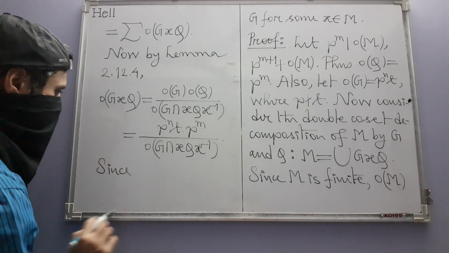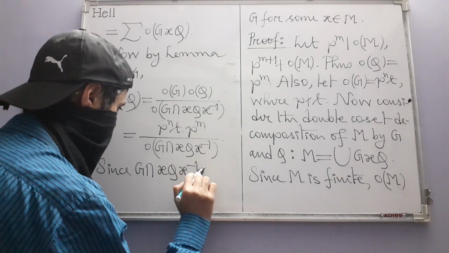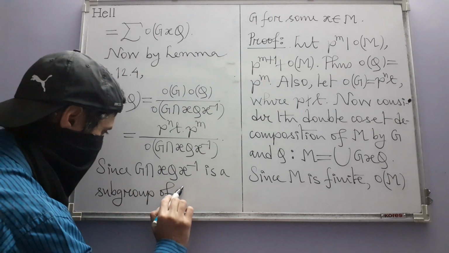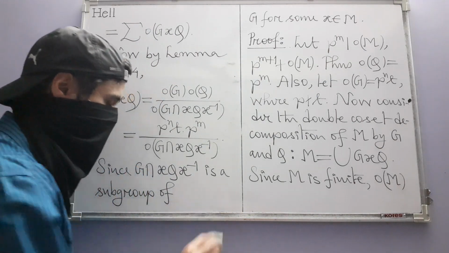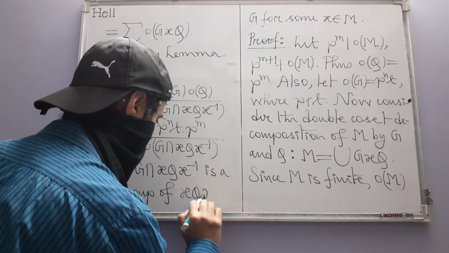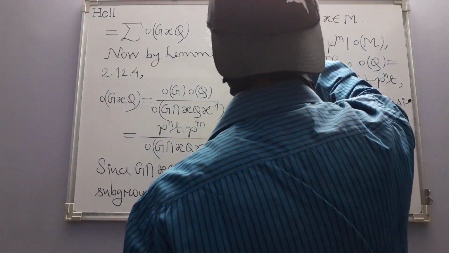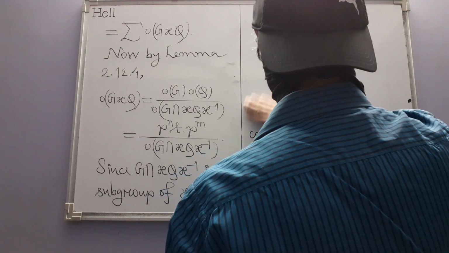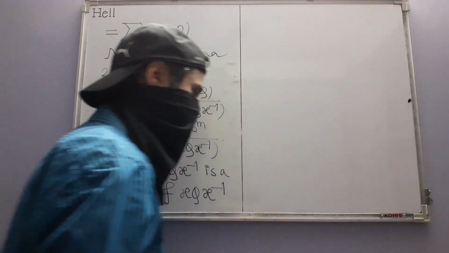Now since the subgroup in the denominator is a subgroup of Q. Oh well, it's not a subgroup of Q actually, but it's a subgroup of xQx inverse, and xQx inverse has the same number of elements as Q, which is p to the power m. Oh, okay.